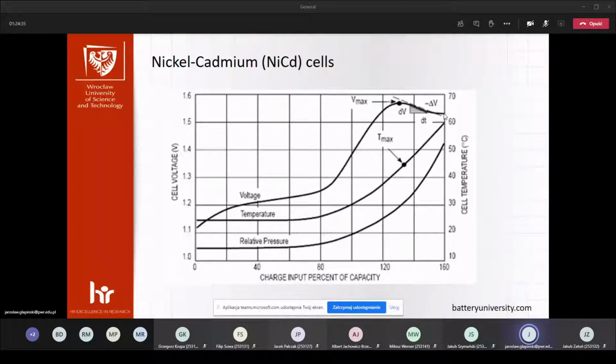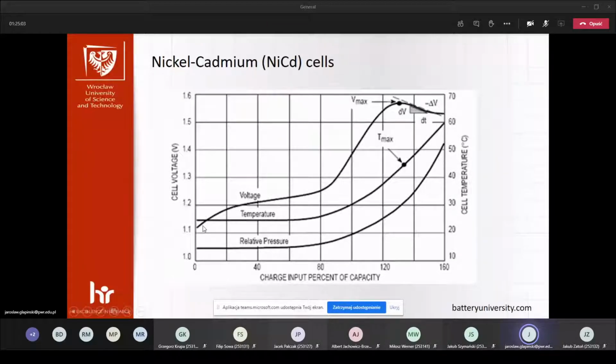But in our processes, we wanted to charge it faster, because generally you are in a hurry. It was found that nickel-cadmium batteries, at the end of the charging process, have a maximum point of voltage.